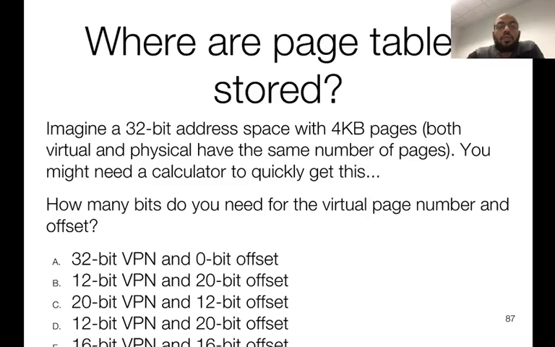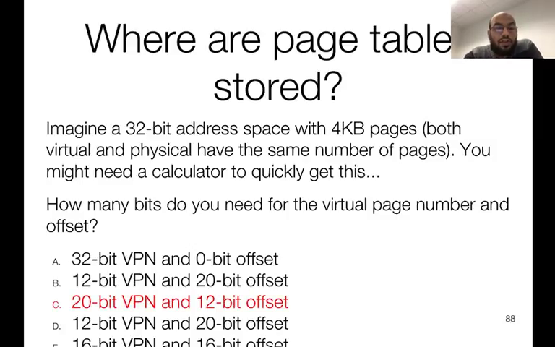Okay, so let us in the beginning imagine a 32-bit address space with 4,000 pages. Both virtual and physical have the same number of pages, so it's very simple. You might need a calculator to quickly get this, but how many bits do you need for the virtual page number and offset? You're right, it's 20 bits for the VPN and 12 bits for the offset.